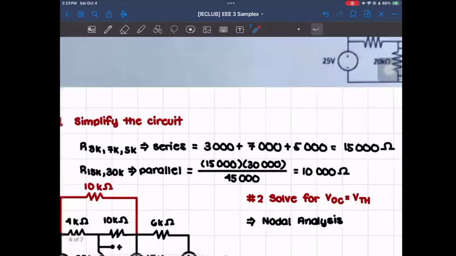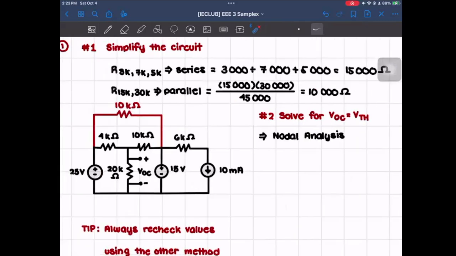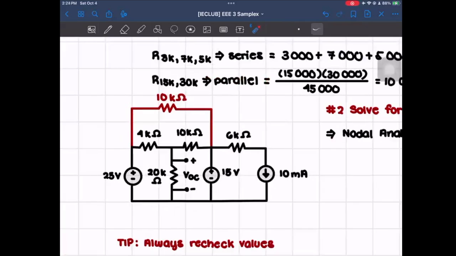And then next we could actually solve for VTH, which we could do by solving for VOC. So for this, what I decided to do was nodal analysis, since I think for me that would be the easier thing, given that if we were to compare the number of variables, for mesh analysis it would be 4, since we have 4 meshes, 1, 2, 3, 4.